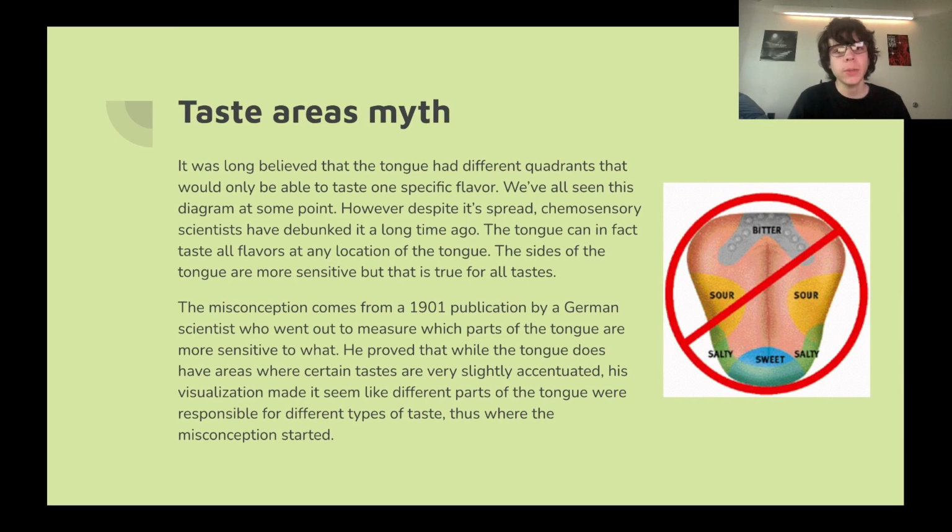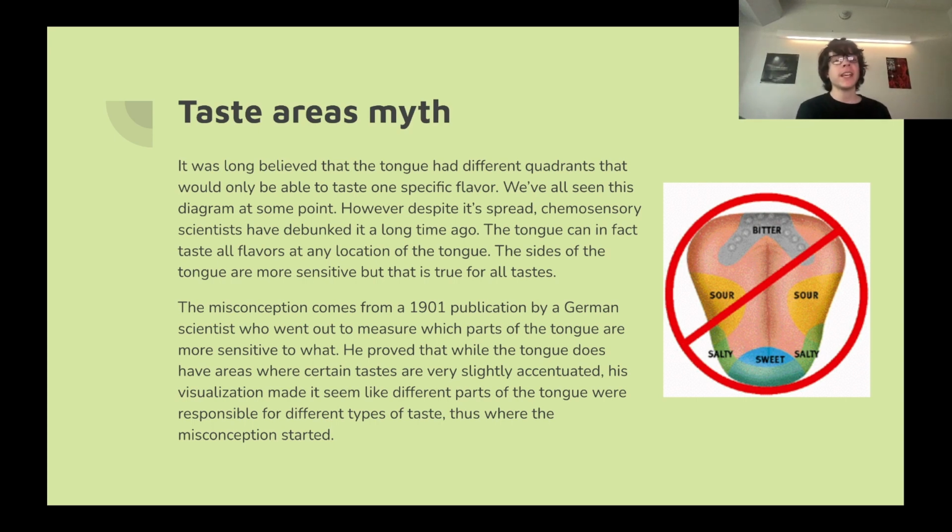You may have heard of this chart here, the taste areas myth. It was long believed that the tongue had different quadrants that would only be able to taste one specific flavor. We've all seen this diagram at some point. However, despite its being widespread, chemosensory scientists debunked it a long time ago.